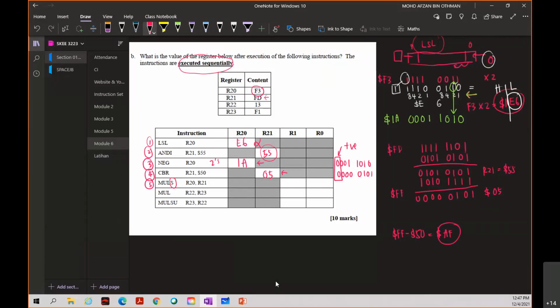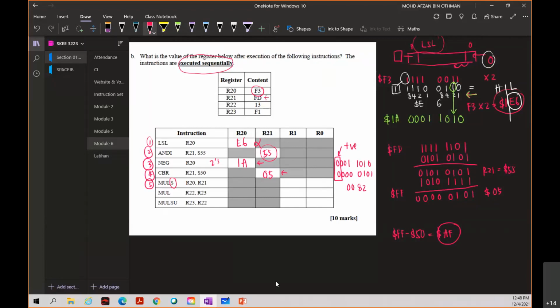Press the calculator, 1A multiply 05, you will get 0082. The question here is, what is the value that you're going to put to R0 and R1? Because every time you do the multiplication, the result will be stored inside R1 and R0. So the answer you get is 0082.